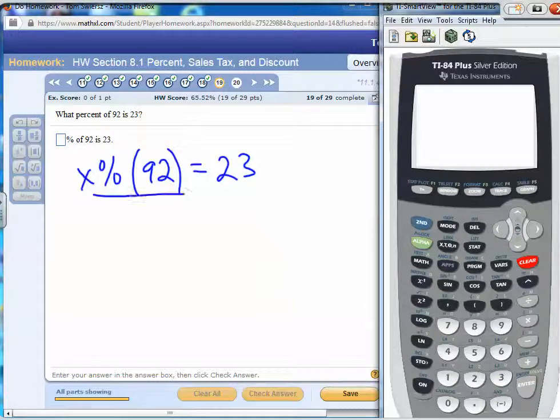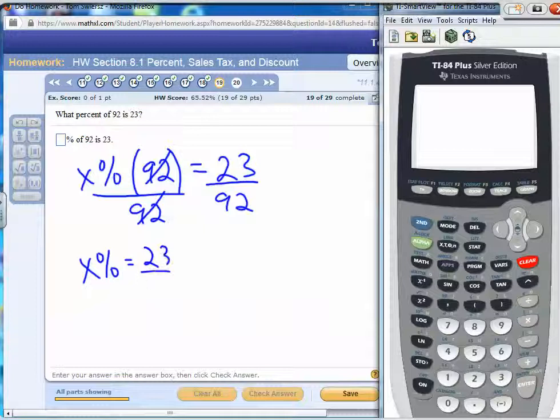To solve for the percent, we divide both sides by 92, and the 92s cancel. So x percent is 23 over 92. As a proportion, you're missing the percent, so percent over 100. The base is 92 and the amount is 23. That would be the setup.